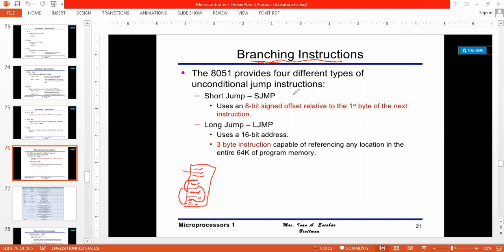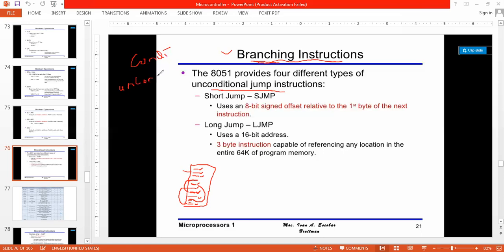Say, for example, first we are going for unconditional jump instructions. So I have two types of branching instructions. One is based upon a condition, and another one is based upon no condition. So there is no need of a condition.